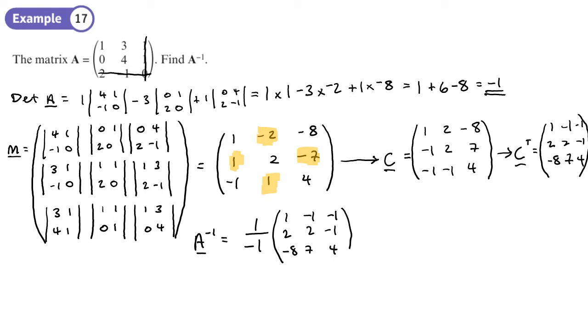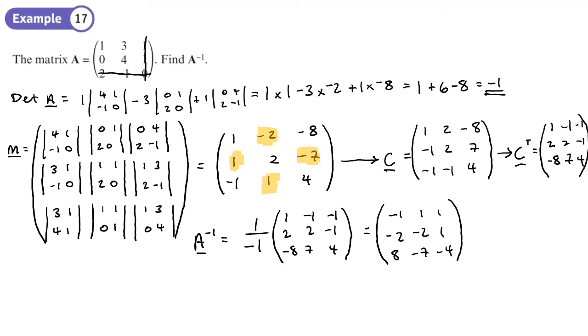We can work that out by just multiplying everything by negative 1, which means just reversing the signs of everything. So we get negative 1, 1, 1, negative 2, negative 2, 1. In the bottom row, 8, negative 7, negative 4.